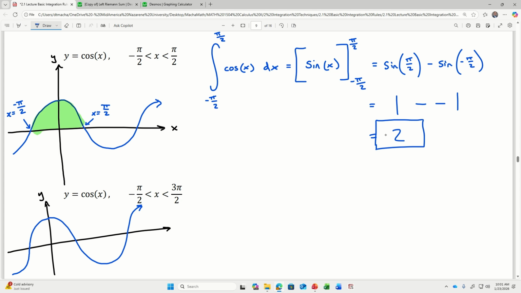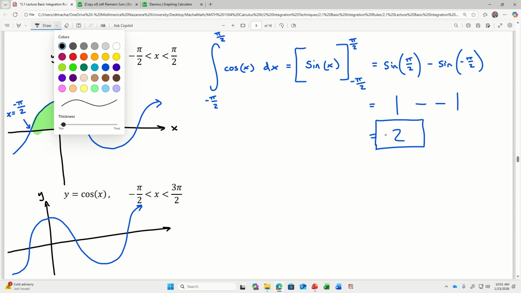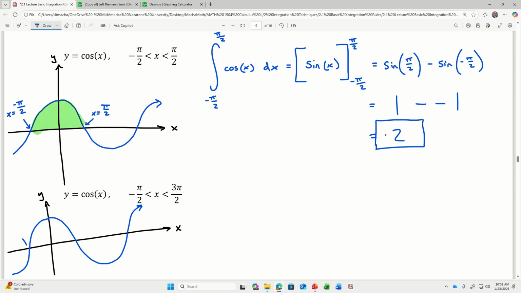The area between the curve and the x-axis. So we already said this was the point x equals negative pi over 2. What is this point right here? 3 pi over 2.